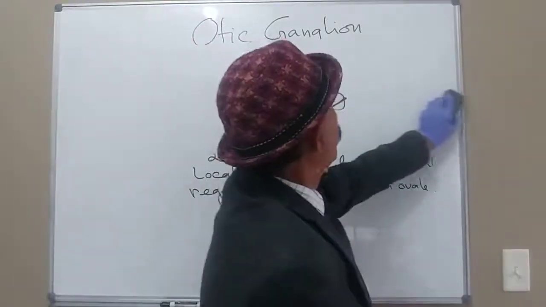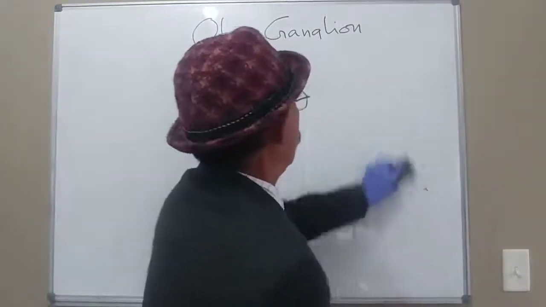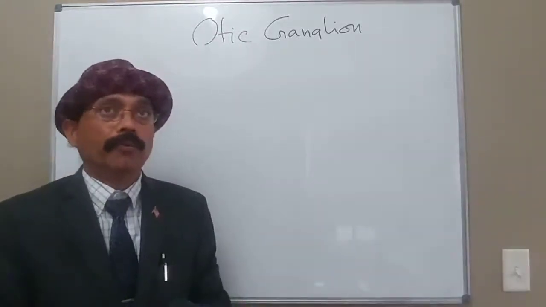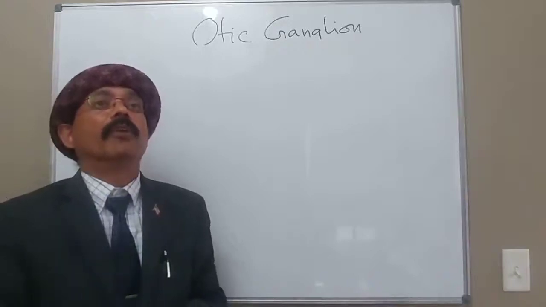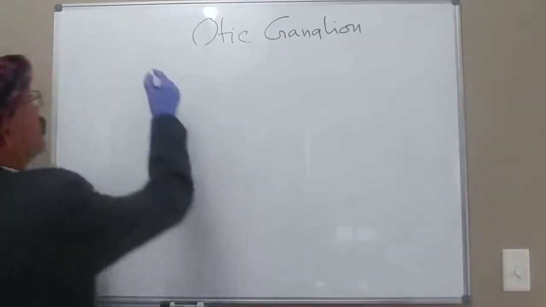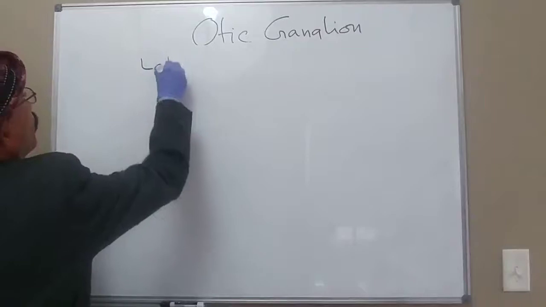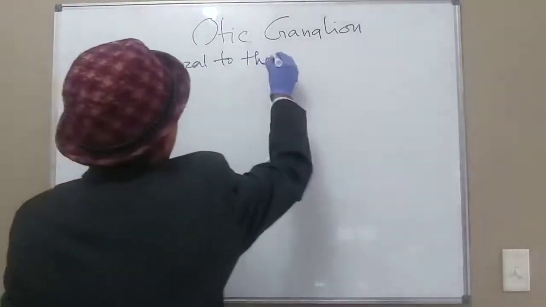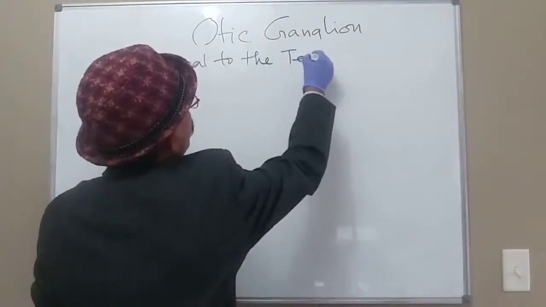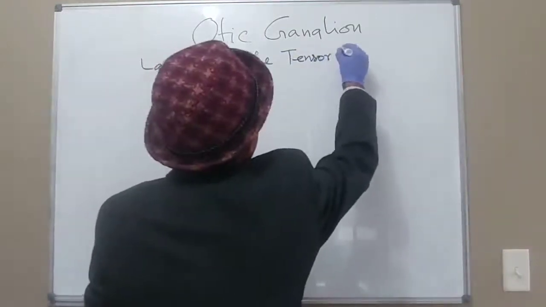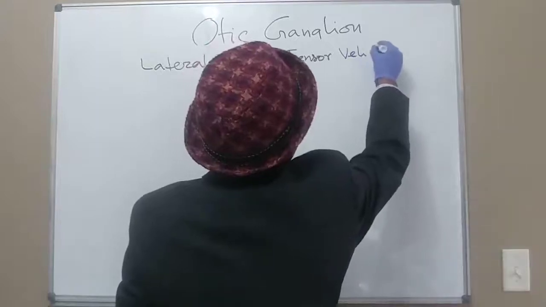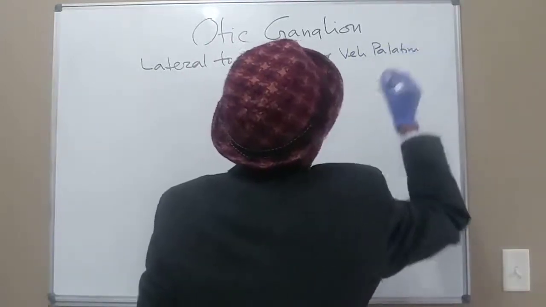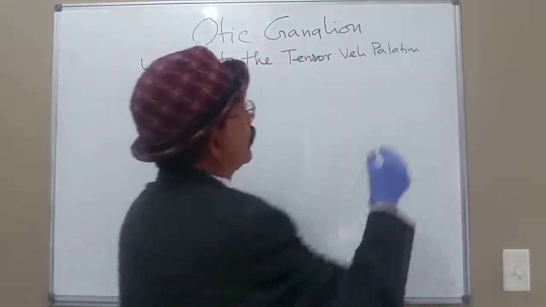So what are the relationships of the otic ganglion? Okay, it is in the infratemporal fossa or region below the foramen ovale.